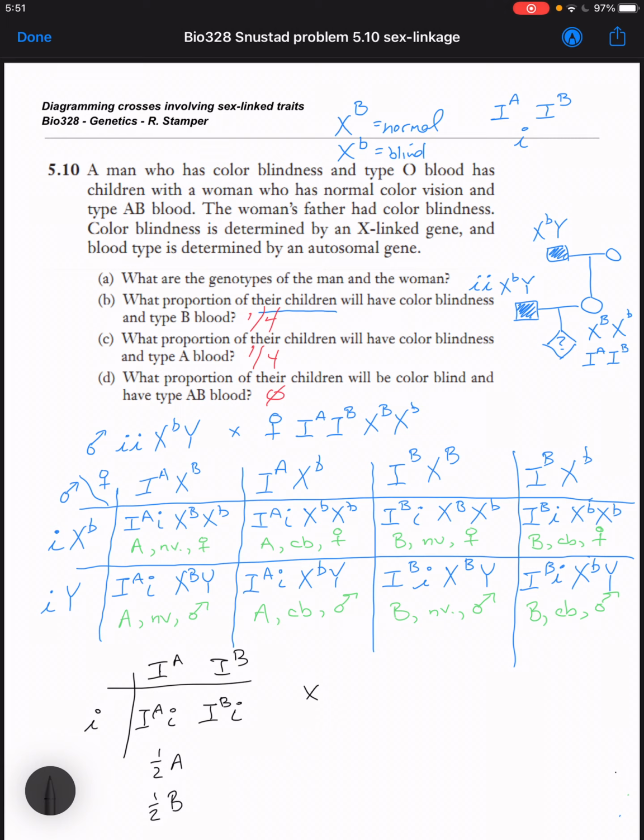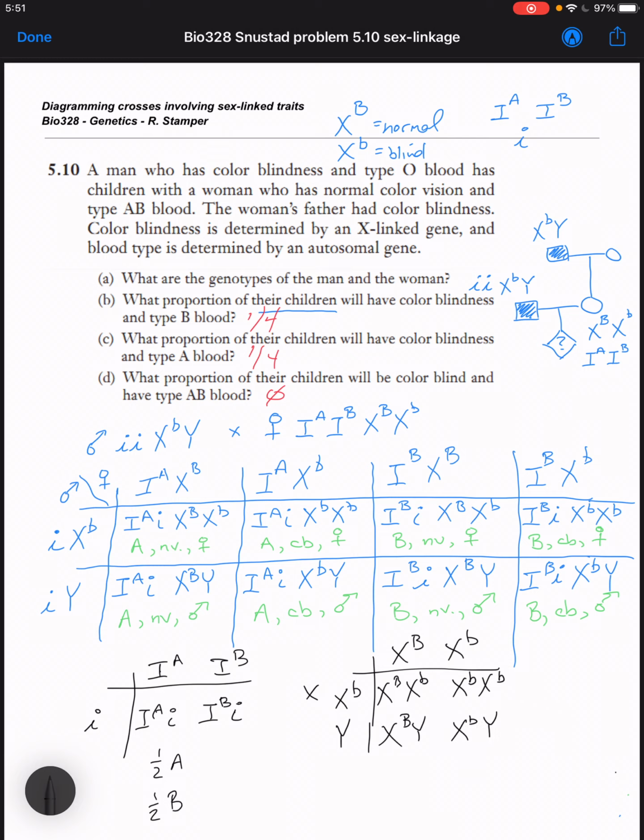And remember, in probability and is a multiplier. I would have had the other little Punnett square that had to do with the color blindness situation, and I would have gotten 4 possibilities here.